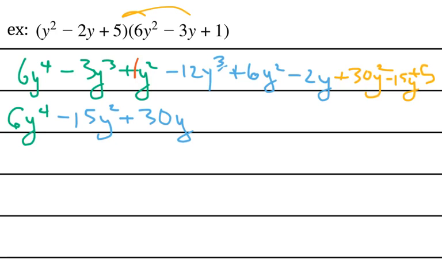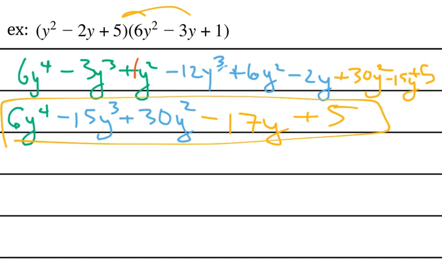Let's sneak that exponent back on there so that they all agree. Okay, 37y squared. Scanning through for my terms that show up with y, I get a minus 2y and a minus 15y to give me minus 17y. And then lastly, just that plus 5.